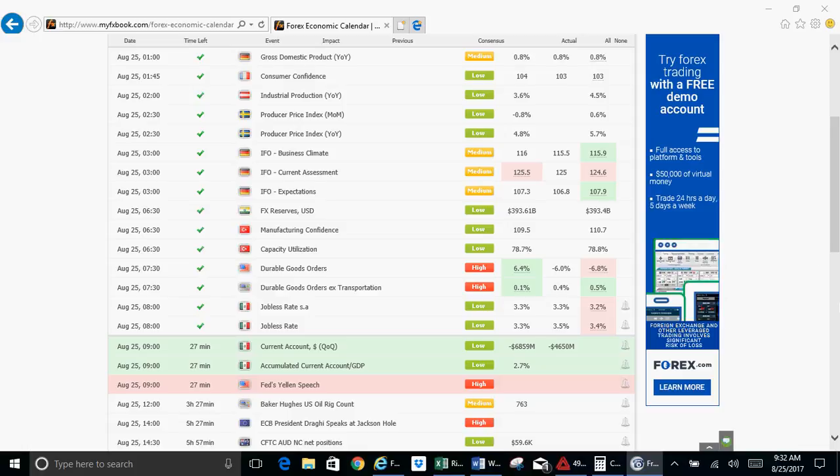Looking at the economic calendar, I know that two high impact U.S. reports came out about an hour ago, and they didn't have much of an impact.